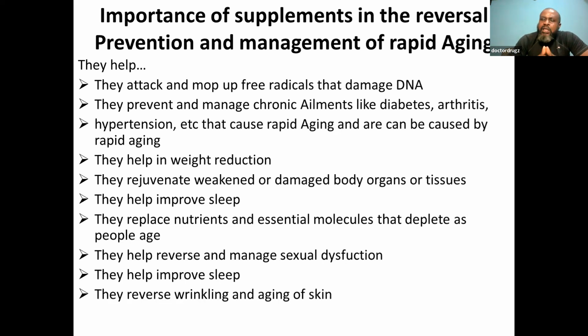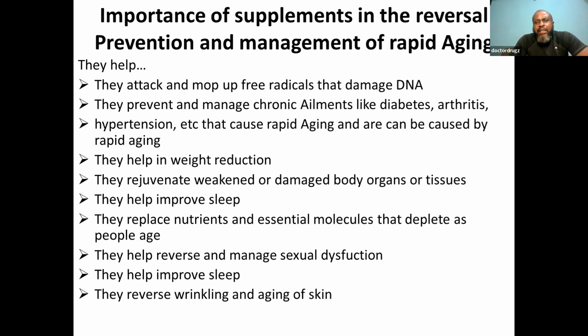A typical example is people that have osteoarthritis, where the joint is already degenerating, and the collagen and chondrocytes that should lead to the production of cartilage that pads the joints and helps them move smoothly without the bones touching together are already having problems and giving way. These supplements help to rejuvenate that.